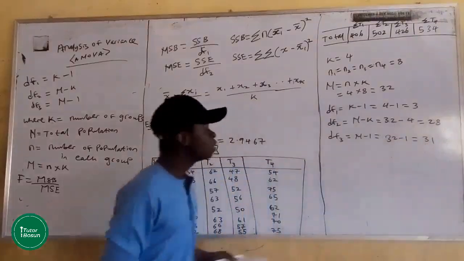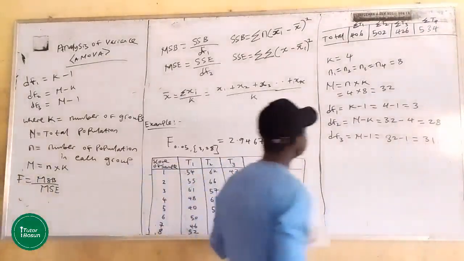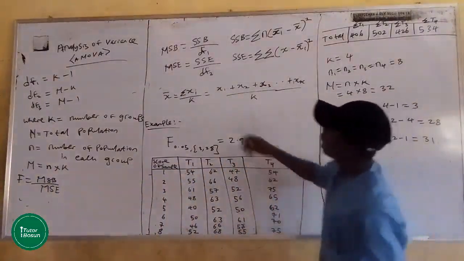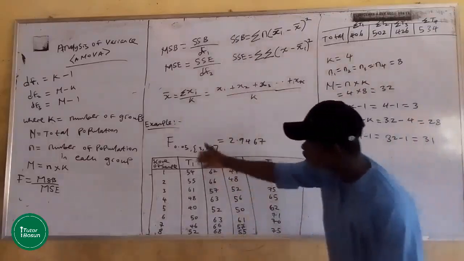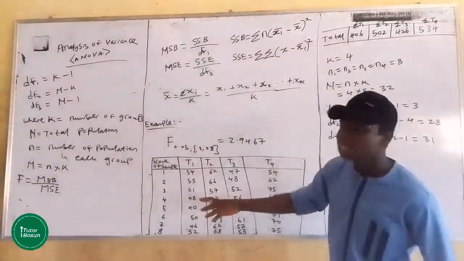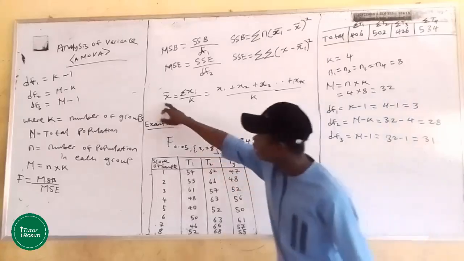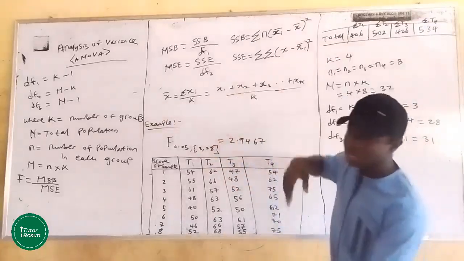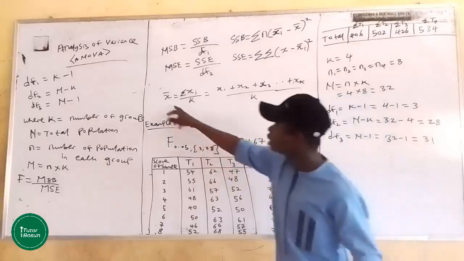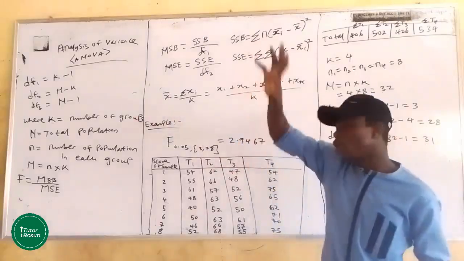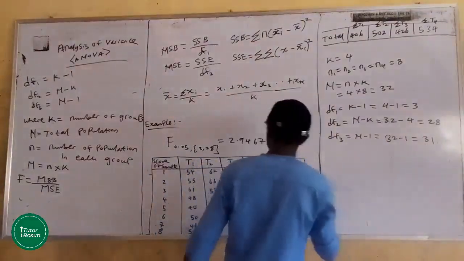After that, all we need to do is to determine our means between each group, that is our x bar, to determine xi bar. Then after determining xi bar, we can take the total overall mean from our means of each group. So let's determine our means.